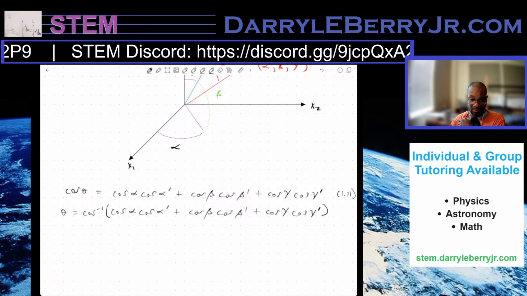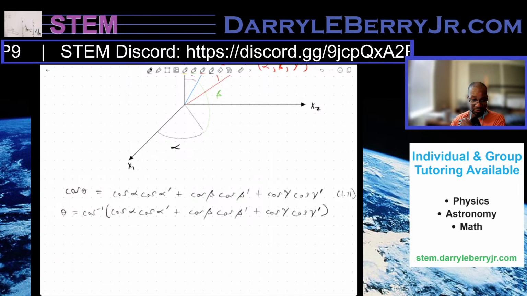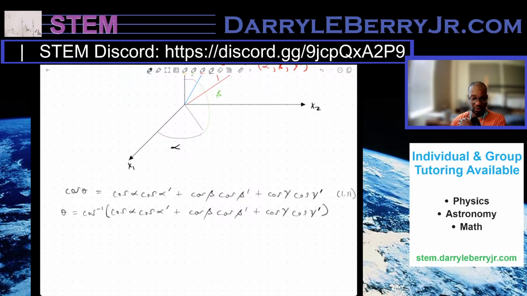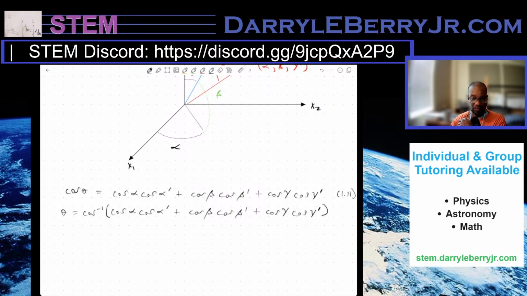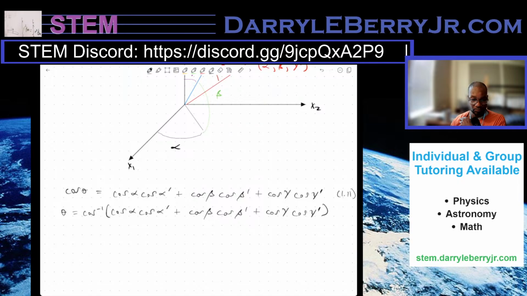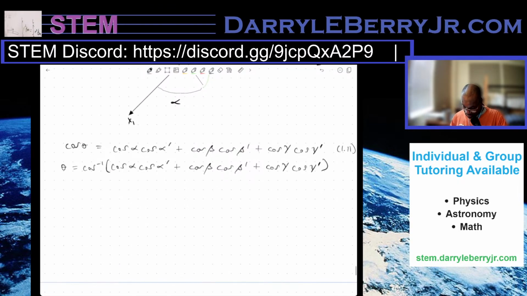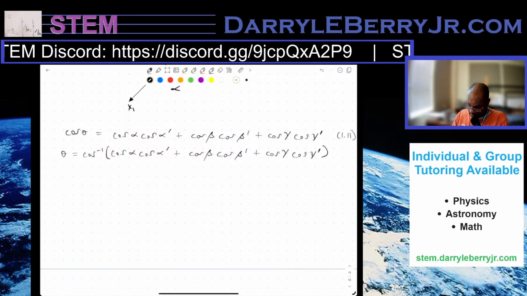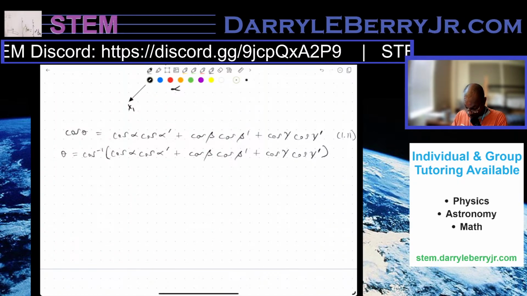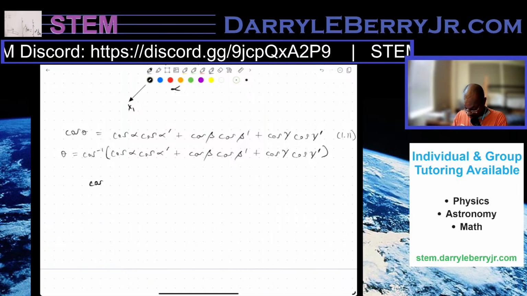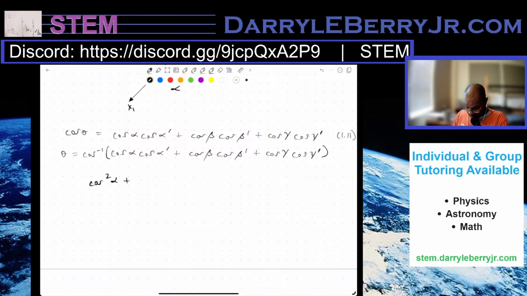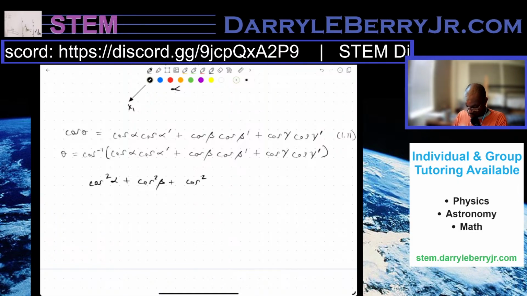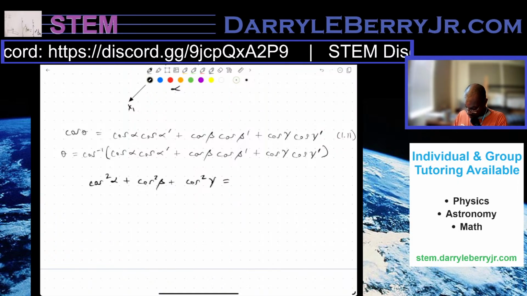First, let me check these equations out again. One equation that it gave here is cosine squared alpha plus cosine squared beta plus cosine squared gamma equals 1.